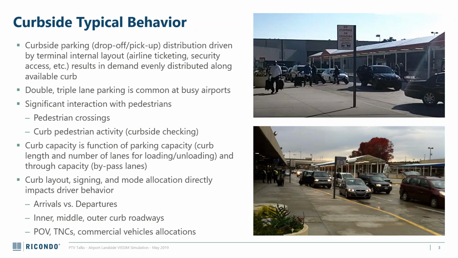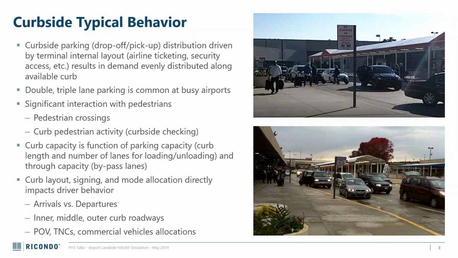There's significant interaction with pedestrians, whether it's pedestrian crossing or pedestrian activity on the curbside. Then the capacity is a function of the parking capacity on the parking lanes, but also the through capacity is affected by all the disturbance caused by vehicles maneuvering in and out of those lanes.